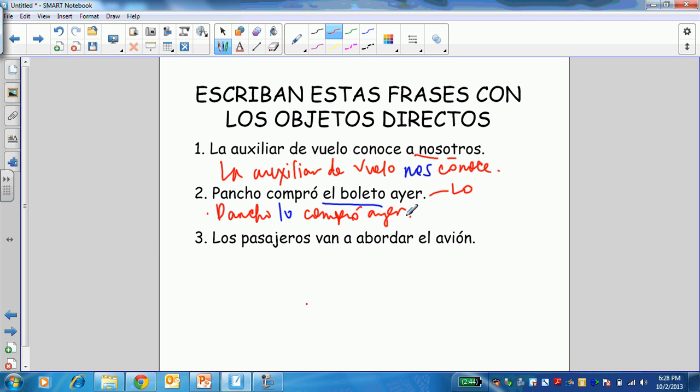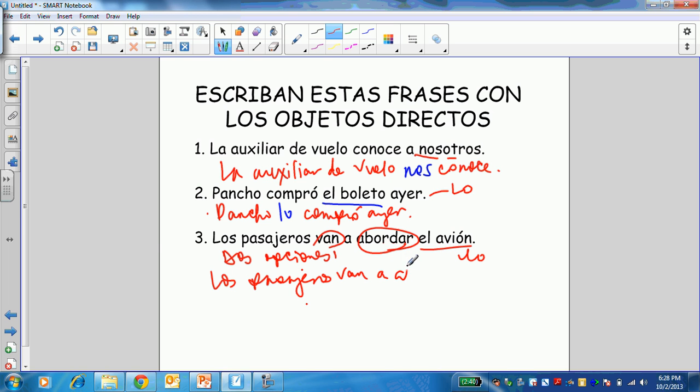En número 3, aquí tenemos dos verbos. Tenemos van y abordar. Entonces, cuando tenemos dos verbos, tenemos dos opciones. Okay? We can say, avión es el objeto directo. Vamos a usar lo. Entonces, podemos decir, los pasajeros van a abordar lo.